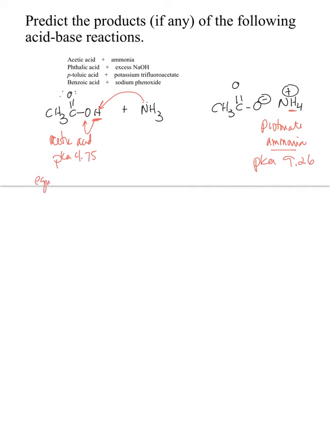And so your equilibrium always lies to the weakest acid, which will be your highest pKa value. So you're comparing 4.75 and 9.26. So it goes there. So yes, it does get deprotonated.